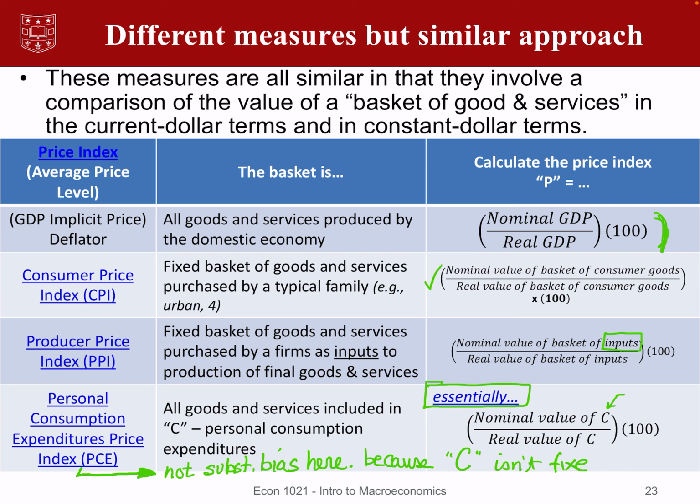So again, the substitution bias was happening because in the consumer price index, we have a fixed market basket of goods and services. But consumption, as this broad measure of what households are buying, can change from one period to the next. And so it is not subject to any biases that are happening because of substitution effects.